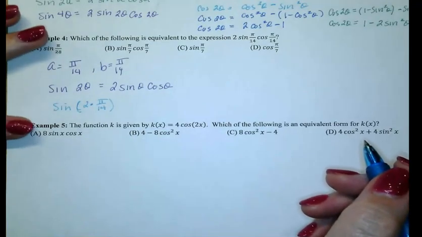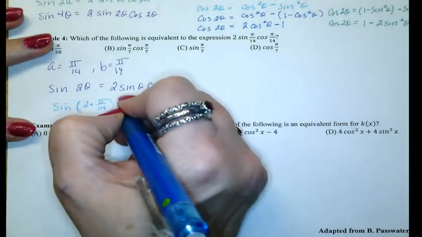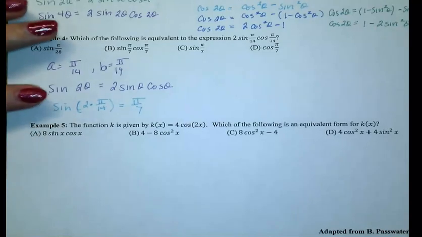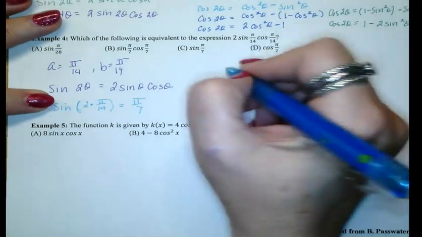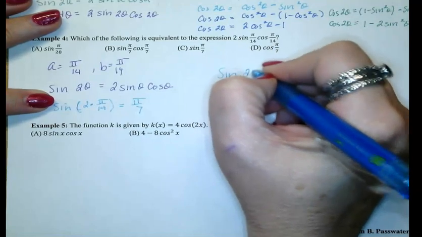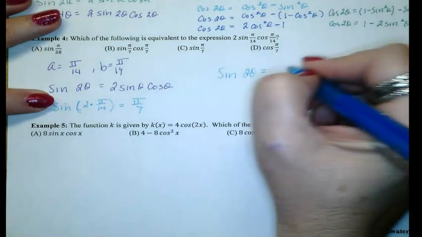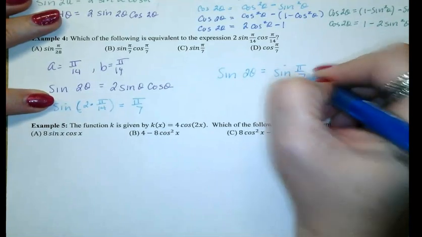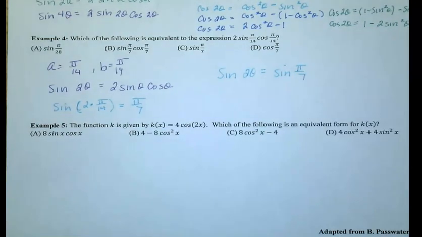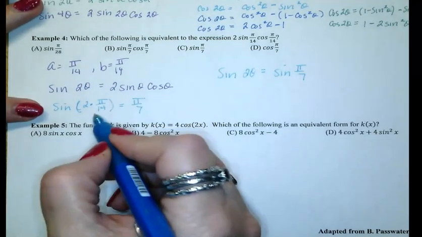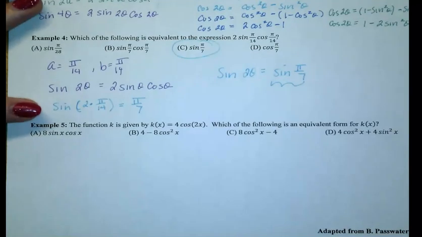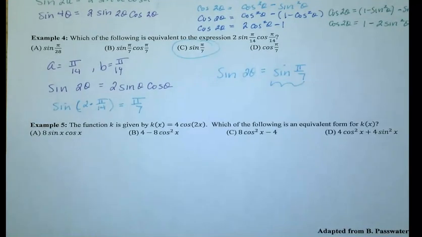So as I simplify 2 times pi over 14, that equals pi over 7. So what that tells me then is sine of 2 theta has to be equal to the sine of pi over 7. So when I'm looking at my answer here, I use my identity to figure out this side. And I can see that I have that answer right there, which is C.